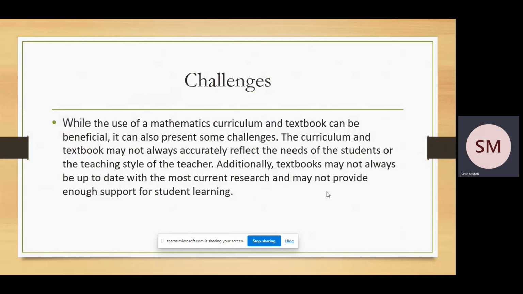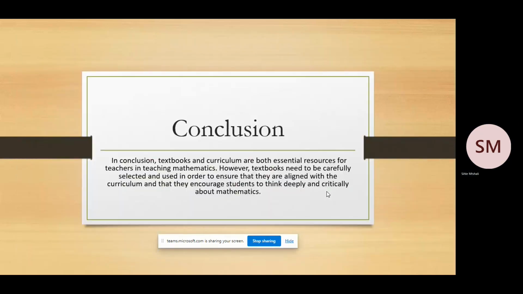And then in conclusion, the textbook and curriculum are both essential resources for teachers teaching maths. However, textbooks need to be carefully selected and used in order to ensure that they are aligned with the curriculum and that they encourage students to think deeply and critically about mathematics.